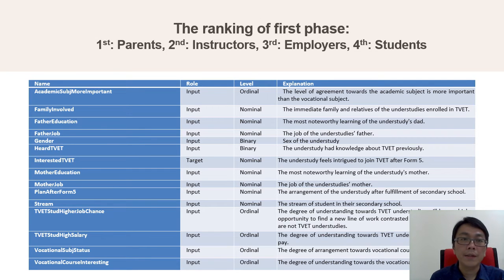These are the variables in this research that have been extracted from our questionnaire. The target variable here is to determine whether the students are interested in joining TVET or not.